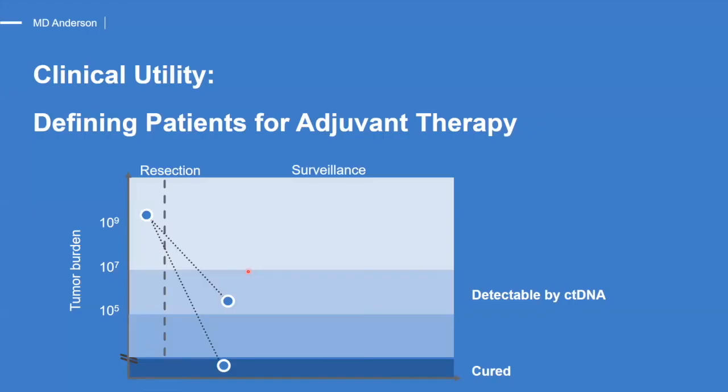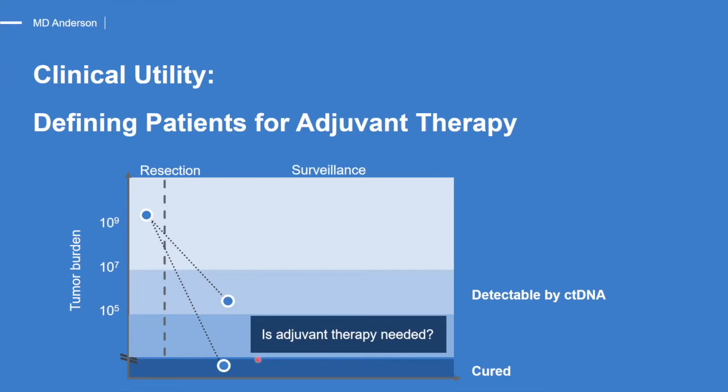So how do we use this test? If we go back to this curve that we had before and think about patients that have detectable disease by ctDNA in this setting, one question is, is adjuvant therapy needed, right? And traditionally, we've given adjuvant therapy on the basis of stage of disease, right?